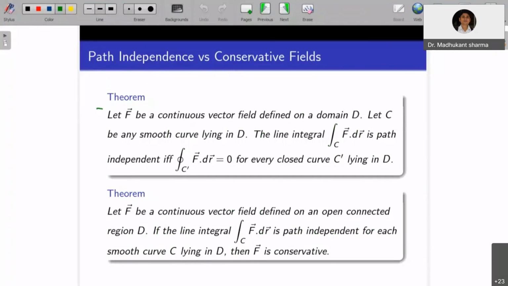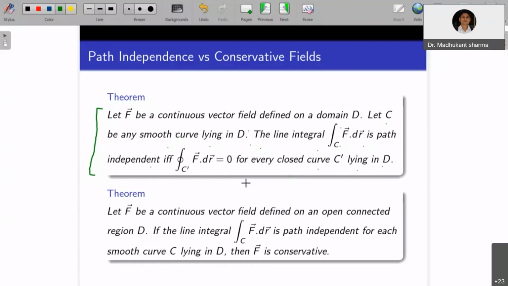The first statement, I think, we have just now proved. If F is a continuous vector field defined on a domain D, let C be any smooth curve lying in D. The line integral is path independent if and only if the line integral along every closed curve C dash lying in D is 0. These are the same.